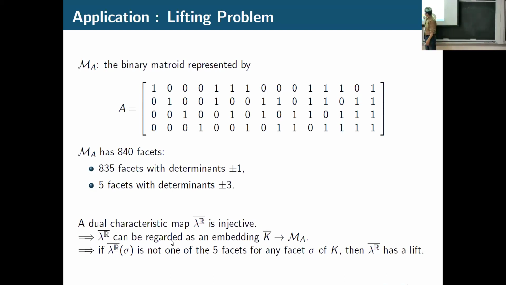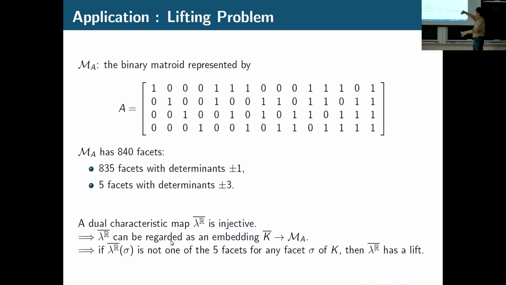Then if there is an embedding of K bar into this matroid, then we guarantee the Z_2^n colorability. And if the image of lambda alpha is not one of these five facets for any facet sigma, then if you take this image, although these are Z_2^4 vectors, we can regard them as 0, 1 vectors, right?